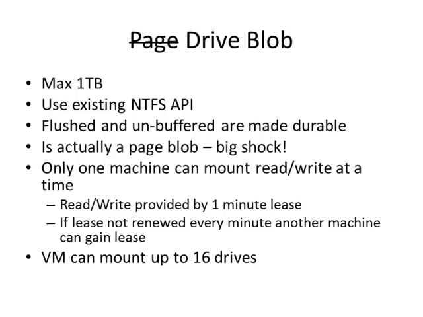If it doesn't renew the lease within a minute, all the other machines can have a go at obtaining that lease. So it's a very simple voting mechanism for master-slave on multiple machines in workers. Only one machine can be master, and each VM can mount up to 16 separate drives. So that is one of your persistent storage options with Azure.